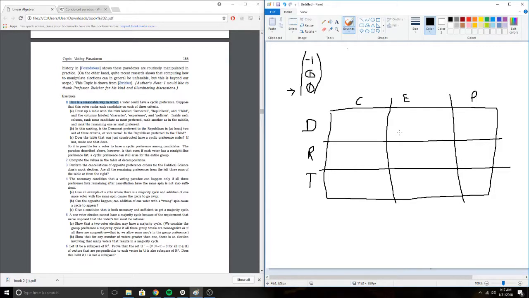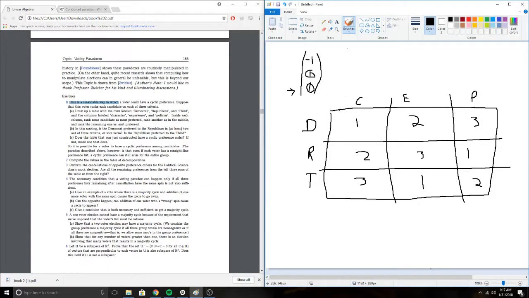So for example, let's have the Democrat have the most character, the second most experience, third best in policies. Republican, let's go 2, 3, 1, and 3, 1, 2.